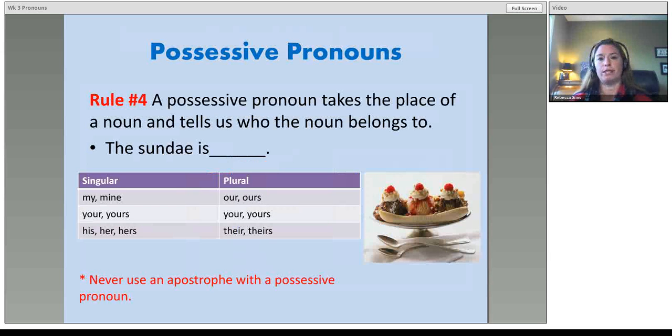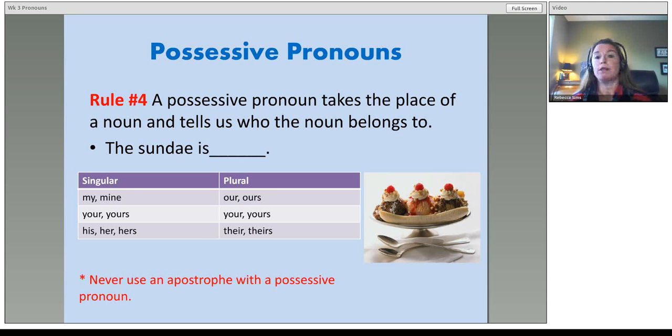Rule 4, possessive pronouns. A possessive pronoun takes the place of a noun and tells who the noun belongs to. So we show that possession. In the sentence here, the Sunday is blank, we need to use a possessive pronoun. If it's one person, we would use one of the singular pronouns: my, mine, your, yours, his, her, or hers.